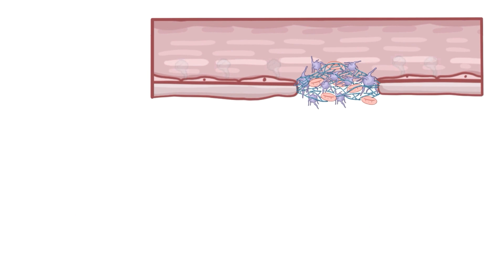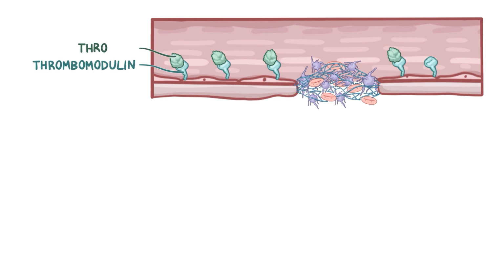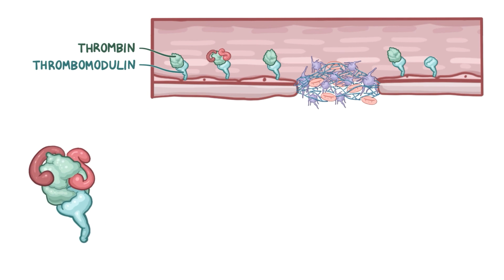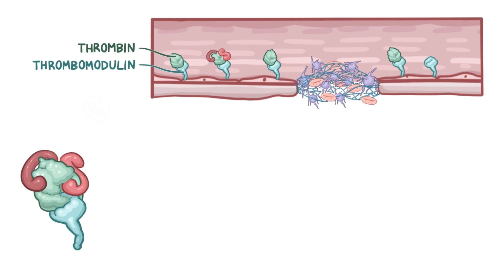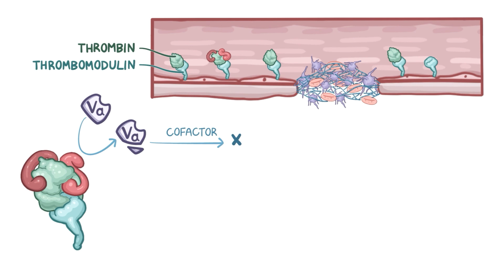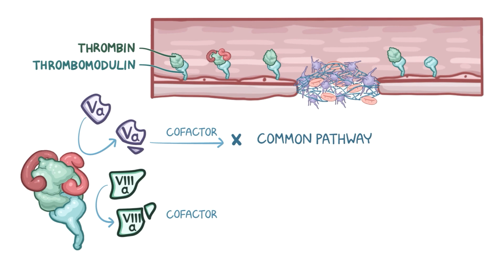So it starts with a protein called thrombomodulin, which is on endothelial cells that line our blood vessels, and together with thrombin, they form a complex that also includes protein C and protein S. When protein S joins this complex, it activates the proteolytic site of protein C, which cleaves and inactivates active factor V, a cofactor for factor 10 in the common pathway, and factor 8, a cofactor for factor 9 in the intrinsic pathway.